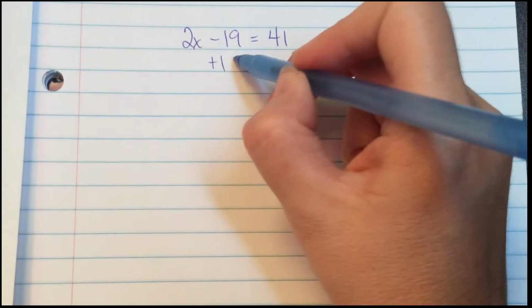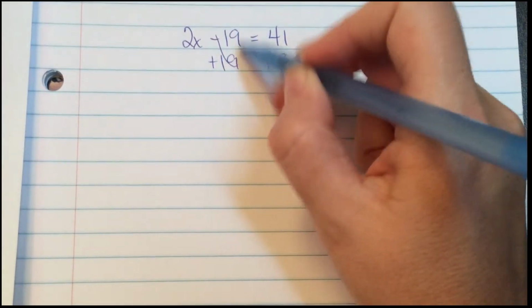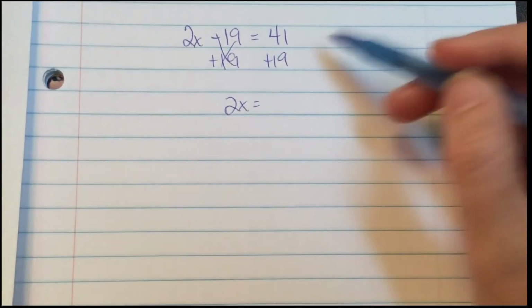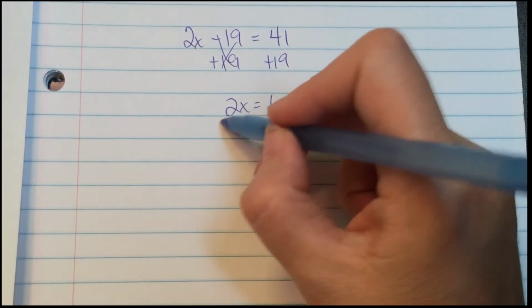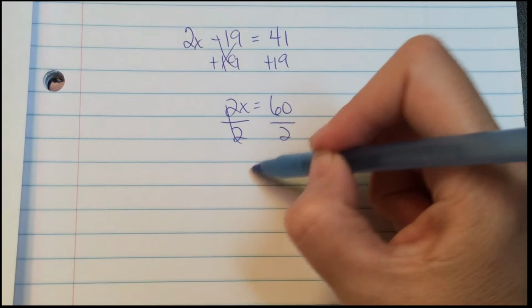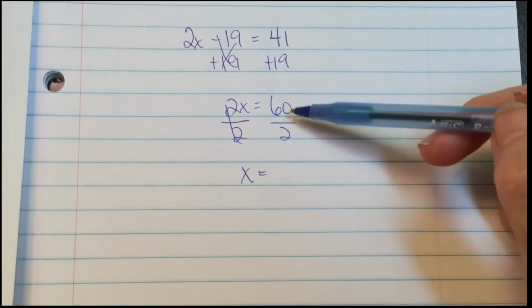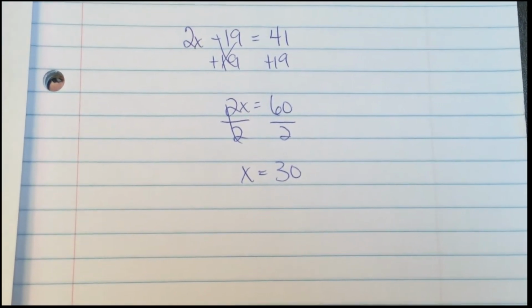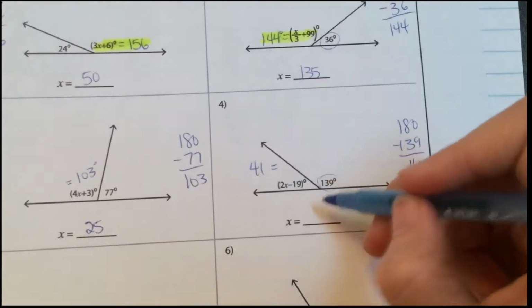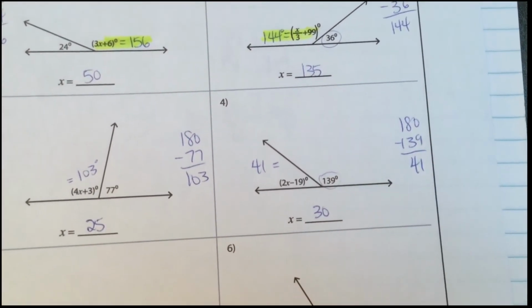I'm going to add 19 to both sides, and I get 2x equals 60. And then I'm going to divide by 2, which is like taking half of a number. Half of 60 is 30. So this one would be 30.